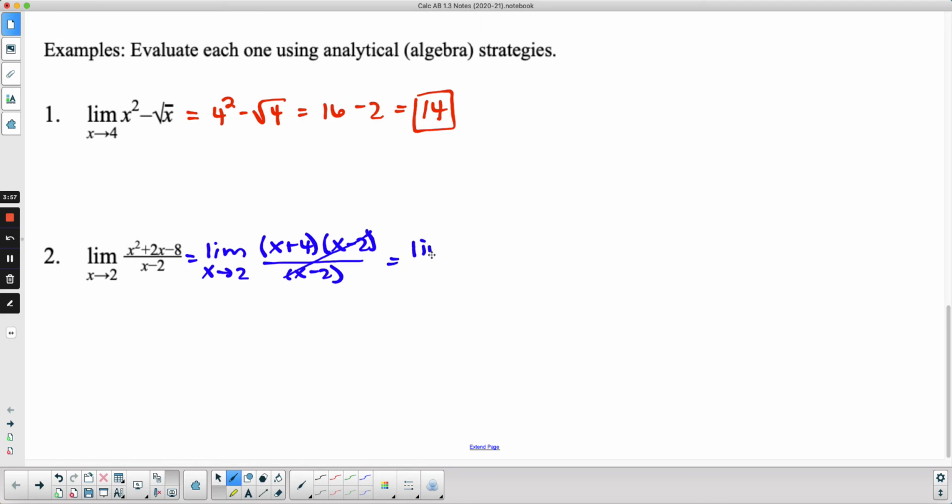So this is just the limit as x approaches 2 of x plus 4. Now we can try and do our direct substitution. 2 plus 4 equals 6. So the limit as x approaches 2 of this function is equal to 6. And you can always try and graph these and just check that value and make sure it checks out.